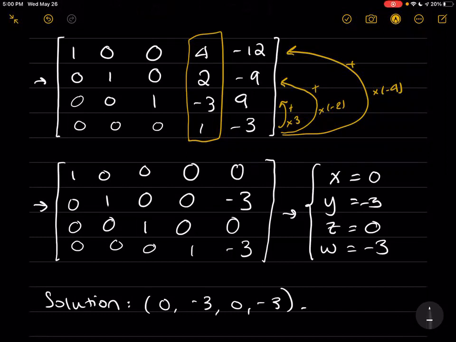Now, just like when we were doing systems of linear equations, there were special cases where we would get no solution or infinitely many solutions, right? When we were dealing with just lines, this was like when the lines were parallel or when they were on top of each other. The same kind of thing can happen for systems with more variables.